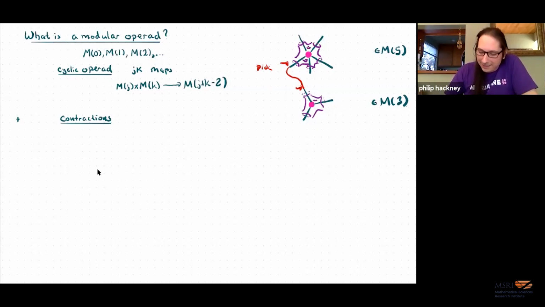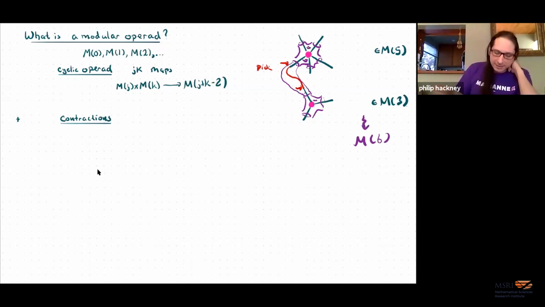And if I draw these in, this is really putting a cylinder in there as well. So I get a new surface out, and this gives me something in M6. So that seems to check.